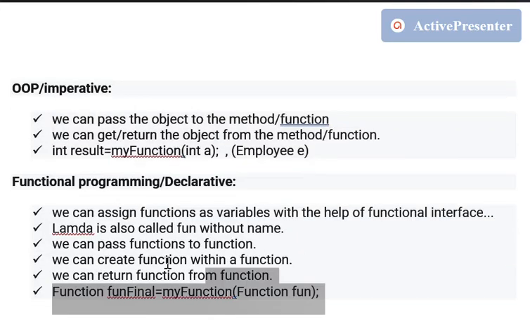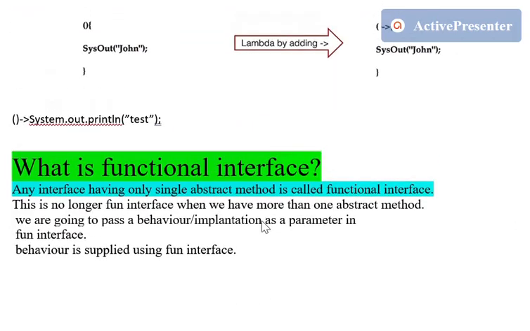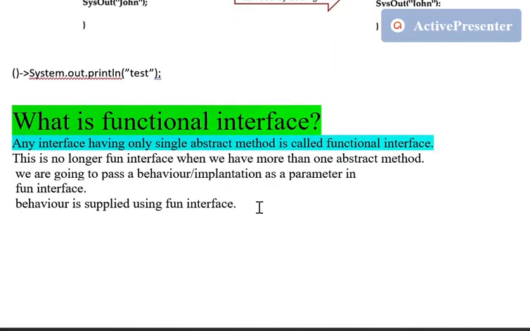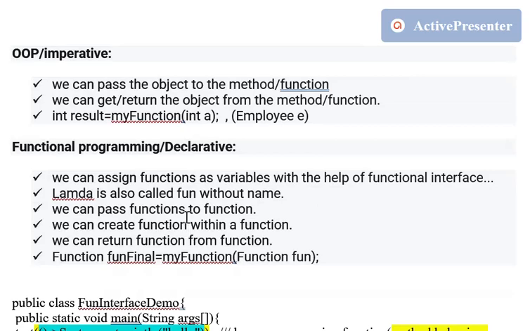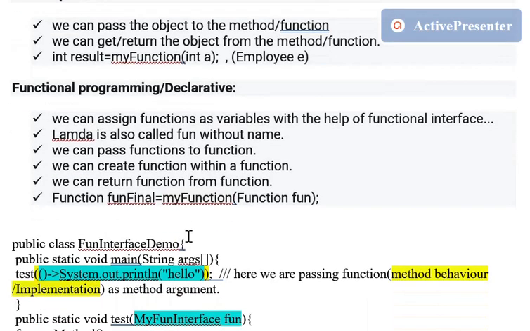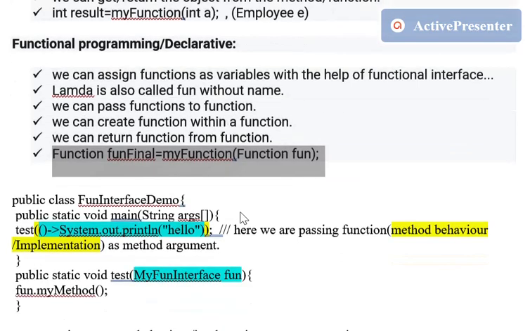But in functional programming, we can pass the behavior or implementation as a parameter in a functional interface. Like we can pass a function to a function, we can create a function within a function, we can return a function from a function. So this is the way of writing a functional interface.